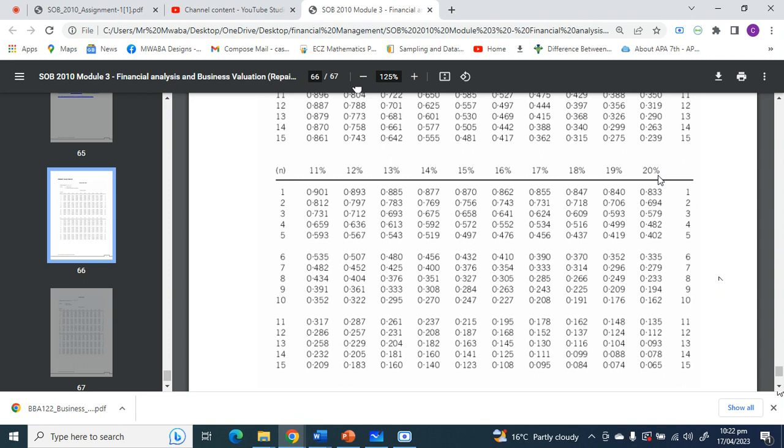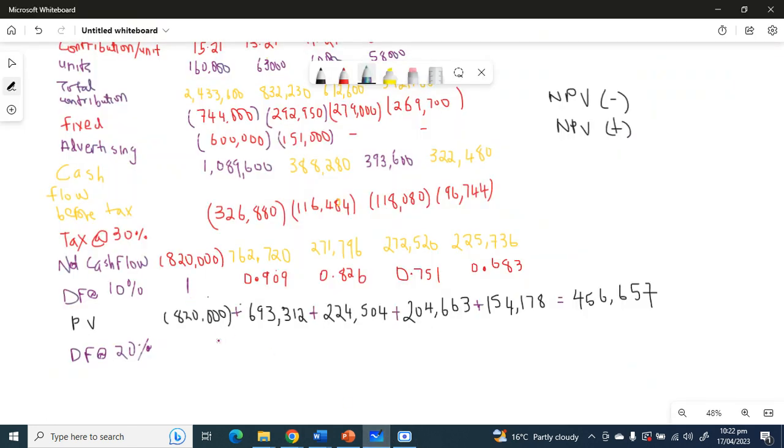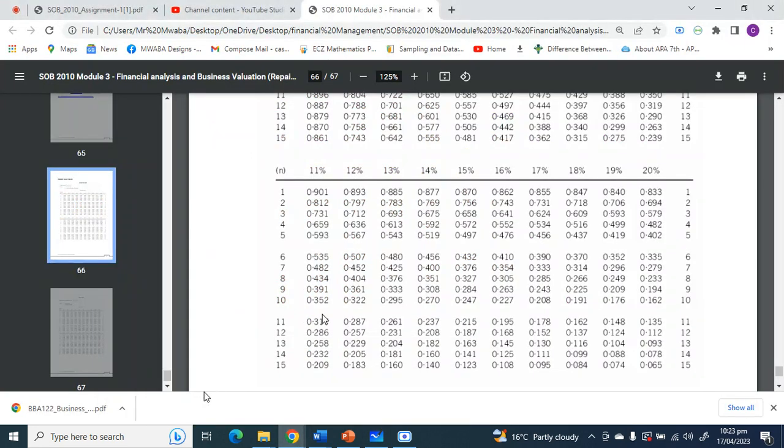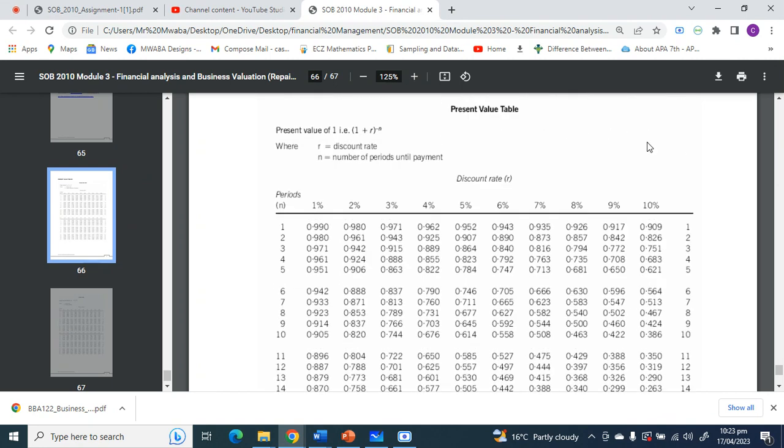Year one, 0.8333, then 0.694, 0.579, 0.482. Always in year zero, the discount factor is 1, because once you replace that negative n in this formula, anything to the power 0 is 1.